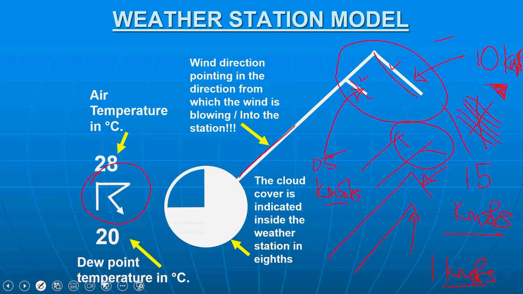So if you've got 10 knots there, for you to convert that to kilometers per hour, you must multiply 10 knots by 1,852 kilometers per hour, and you'll get the answer in kilometers per hour.